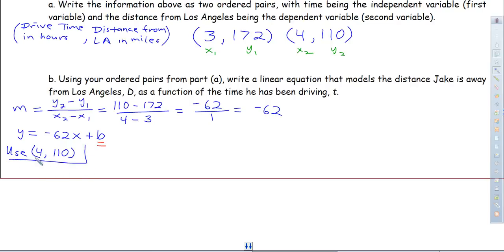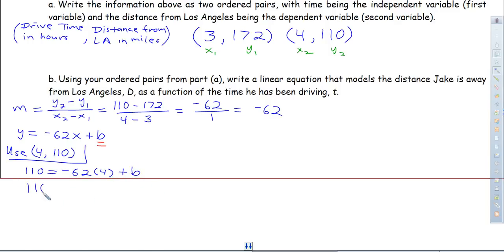So if I plug this in for my x and y now, this tells me that when y is 110, x is 4. So we have 110 equals negative 62 times 4 plus our b. And now we just have to solve for b.